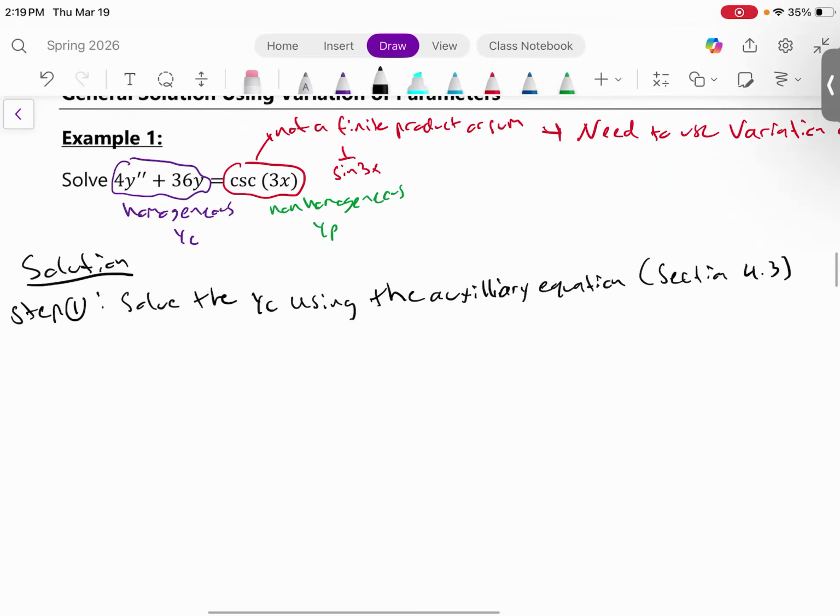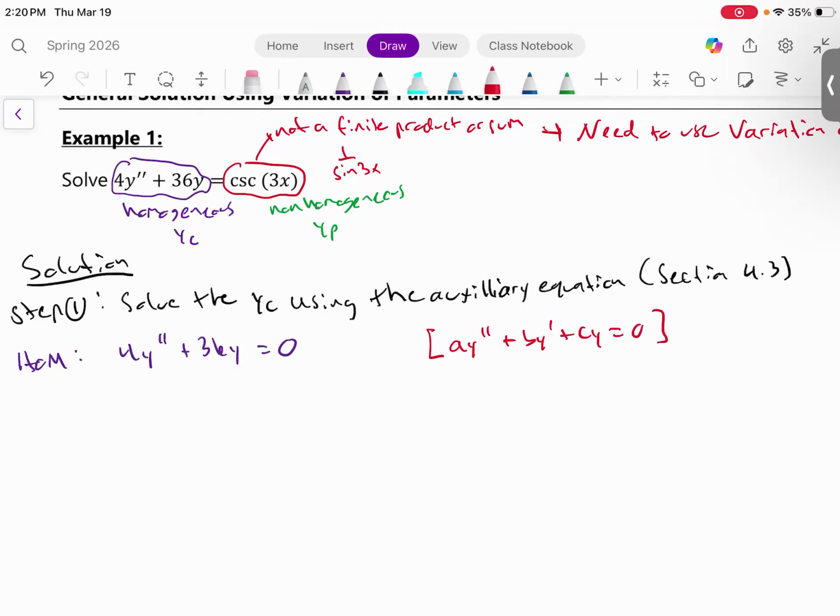Okay, so we have the homogeneous component. That's 4y double prime plus 36y equals 0. And just remember the standard form for these constant coefficient homogeneous differential equations looks like this.